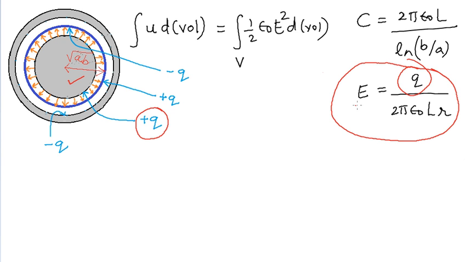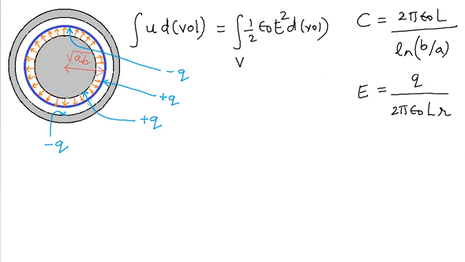Clearly, it is the same electric field which was present in this region when the intermediate cylinder was altogether absent and the only charges present were plus Q on the innermost cylinder and minus Q on the outermost cylindrical shell, which means that the insertion of this particular cylinder does not really alter the field in this region.